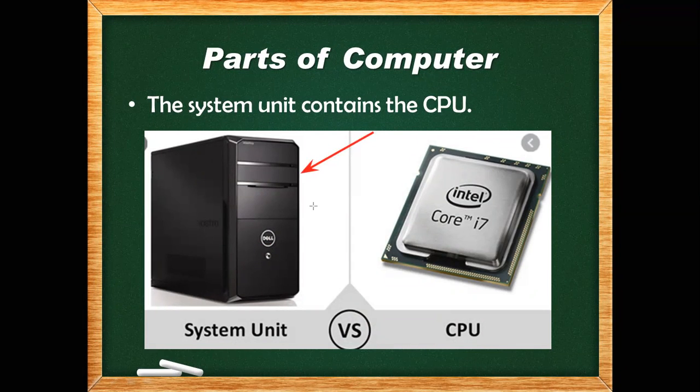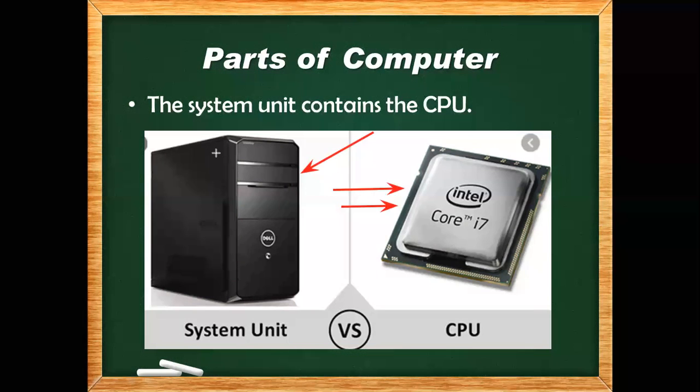What is the size of this CPU inside the system unit? It looks like this chip, and it's very small in size. This chip fits in one hand only. The system unit is very heavy.